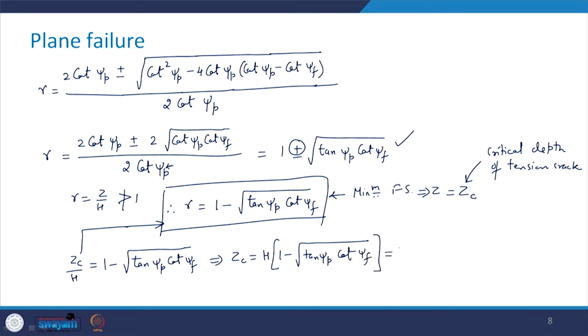So take a note of it that this is a function of the geometry of the slope, and it is independent of the material properties.